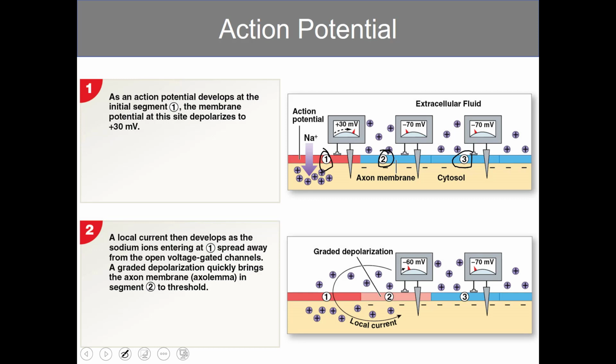Step 2, the local current then develops as the sodium ions enter at step 1, spreading along the open voltage gated channels, and a graded depolarization quickly brings the axon membrane in step 2 to threshold. So with continuous, you're going to basically move from segment to segment. This is going to undergo depolarization and repolarization, followed by the second segment, the third segment, the fourth segment, all the way down the length of the axon.